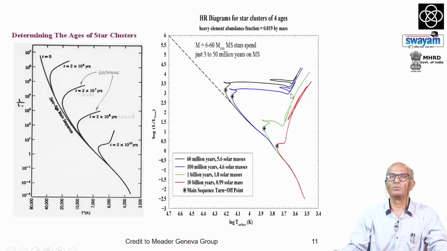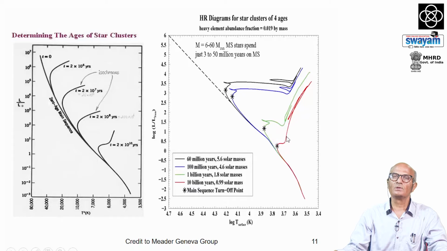Also, using these individual star models, one can generate what we call isochrones, meaning stars of equal age, but located in different stellar evolutionary phases, and it is because of this reason that star clusters are called test beds for stellar evolution, because all the cluster members are formed almost at the same time.